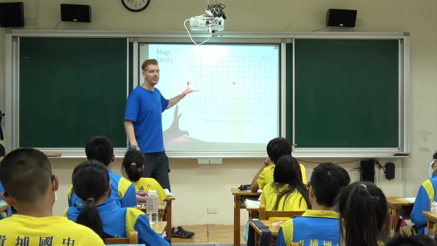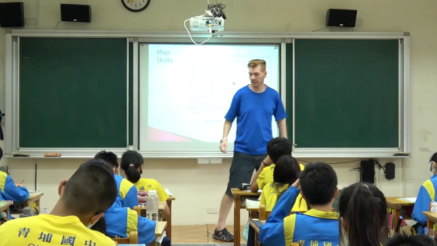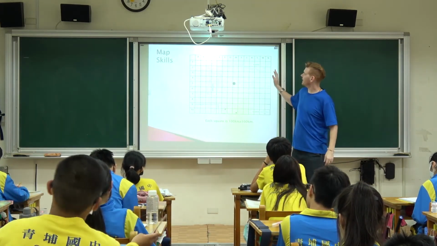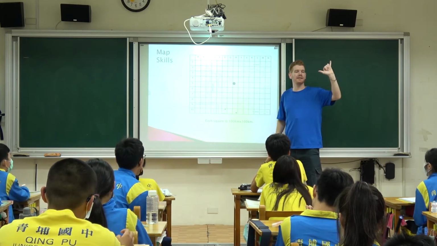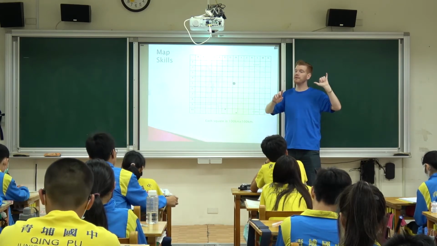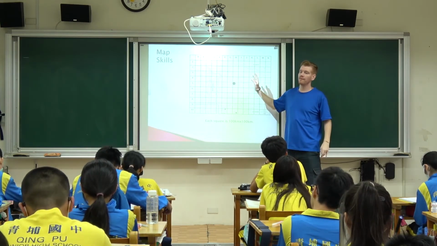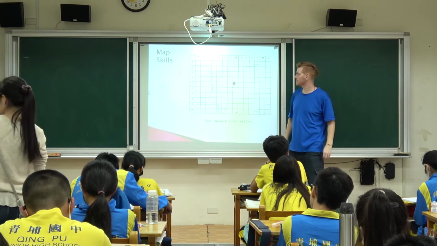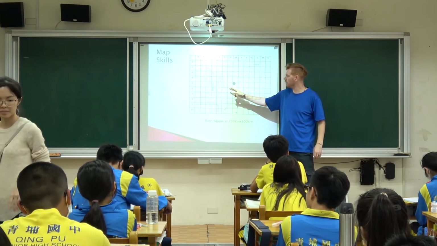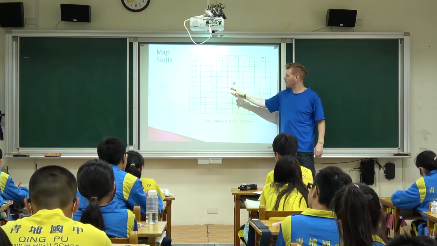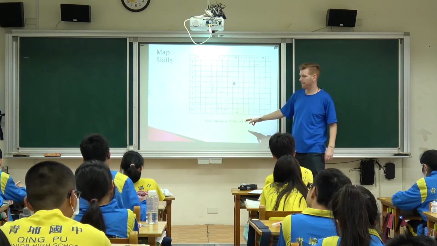Now, on the back of your papers, 翻面。 Look at this map. You have 6 sentences. You need to read the sentences to find the places. Each square is 100 km by 100 km.